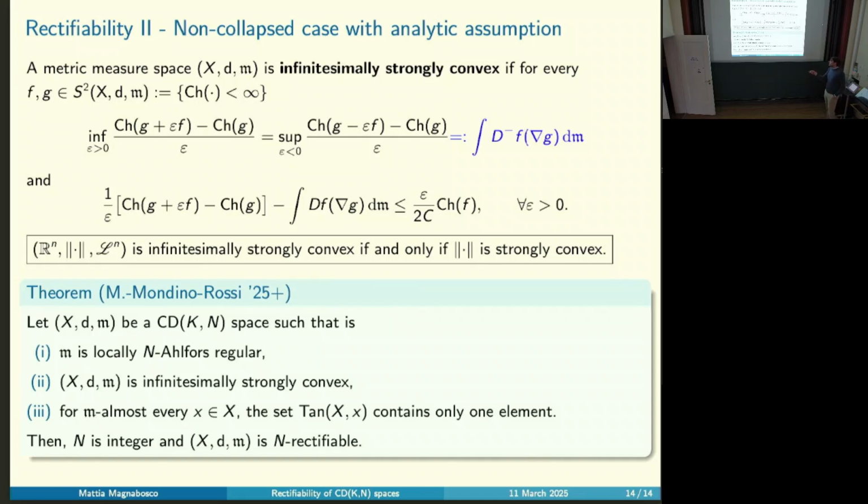Plus, we assume our space to be infinitesimally strongly convex, and as before, we assume the tangent to be unique almost everywhere. And with this assumption, once again, we're able to prove that n is integer, and our CD(K,N) space is n-rectifiable.